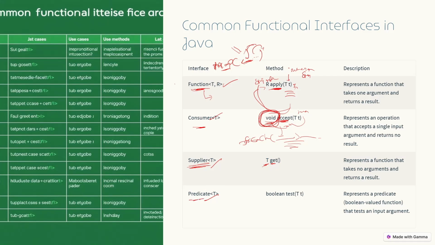Okay, Predicate. The most asked question is, what is a predicate? Predicate is a functional interface. It has a method, the test method. What will test do? It will take the input in the form of integer, float, string, whatever it may be. It will take the input, do the process, and send the result in the format of boolean, either true or false.